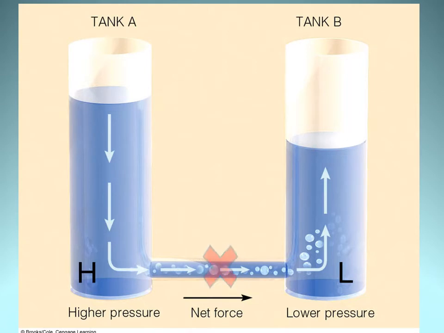If you get rid of that, then the water will move from the high to the low until the pressure between these two are the same, or in this case, until the water levels are the same. That's the basic idea behind pressure gradient force.